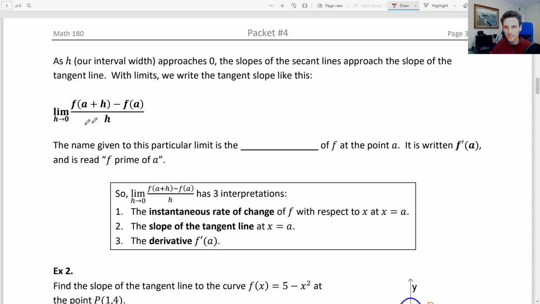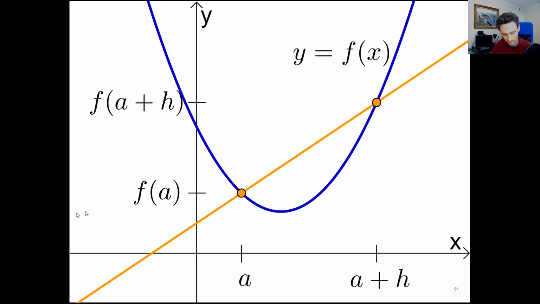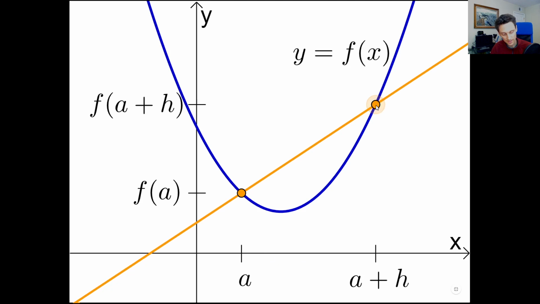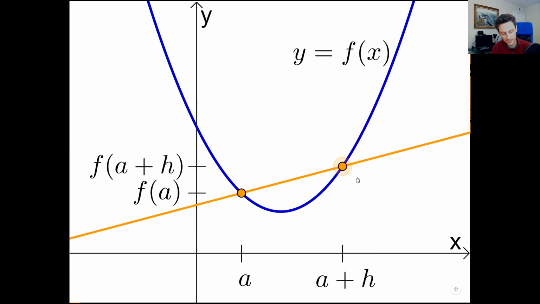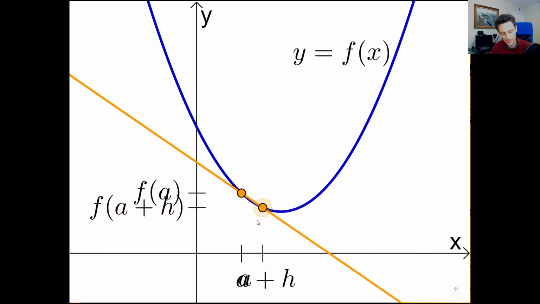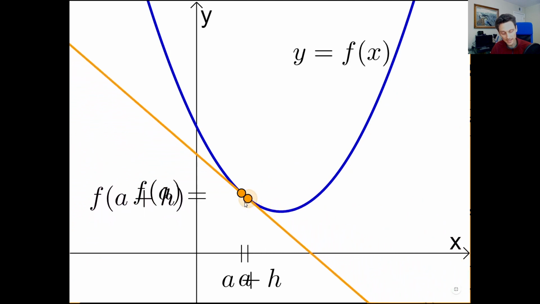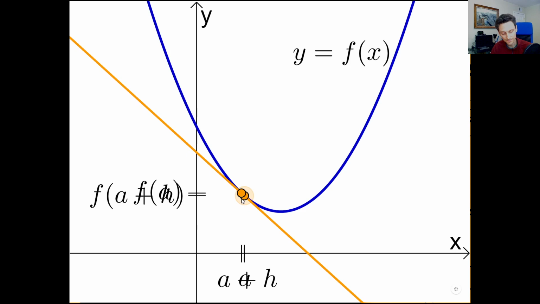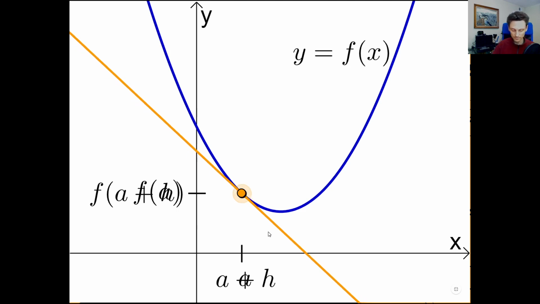Let's look at this visually one more time. So if h is shrinking down to 0, then this right x value is going to be getting closer to this left x value. So the slopes of the secant lines are going to get closer and closer to the slope of the tangent line at x equals a, until it's right on top.